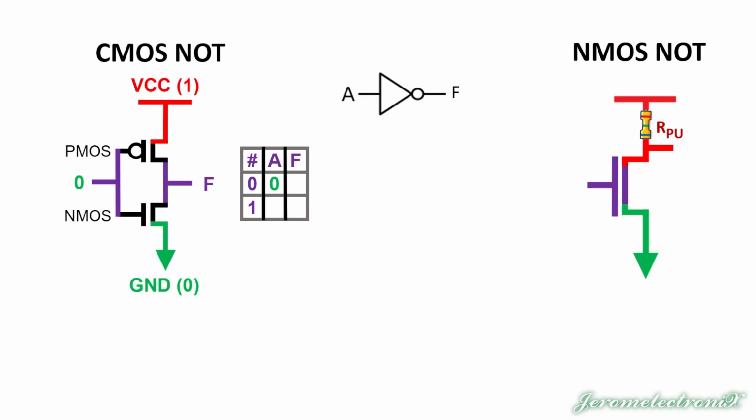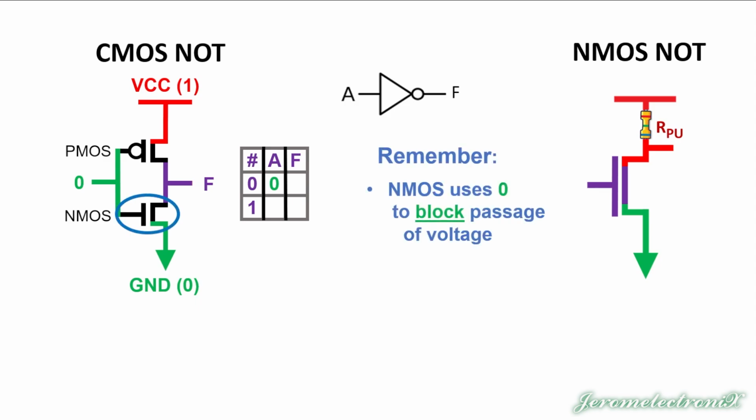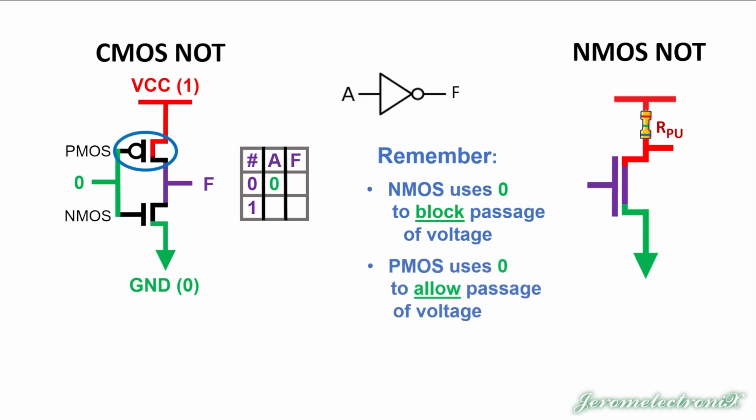So if you put a 0 into this CMOS, that flows both to the PMOS and the NMOS. If you're flowing both directions, what does a 0 do with a PMOS? Well, it allows flow. What does a 0 do with an NMOS? Well, it prevents flow. Remember, the NMOS uses 0 to block passage of voltage, and the PMOS uses 0 to allow the passage of voltage.